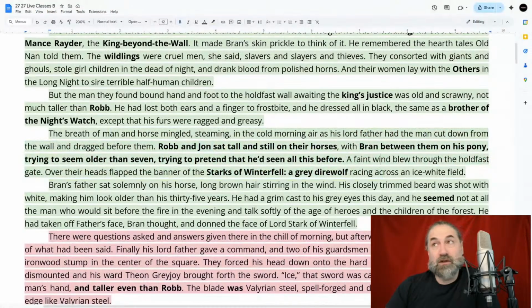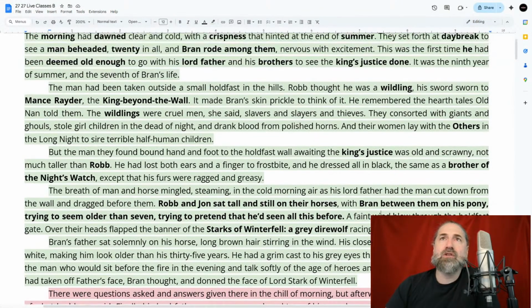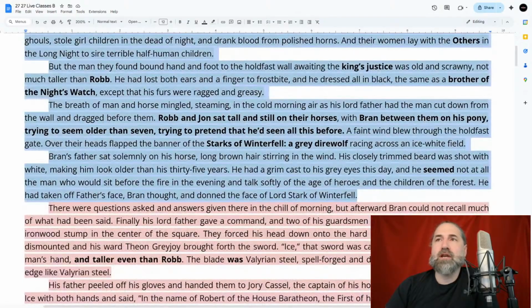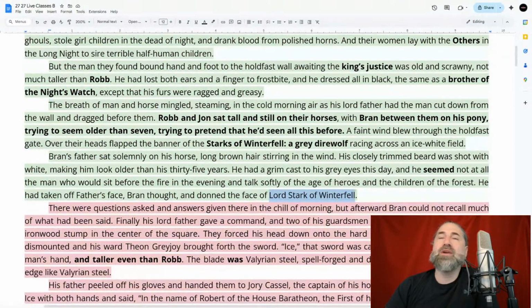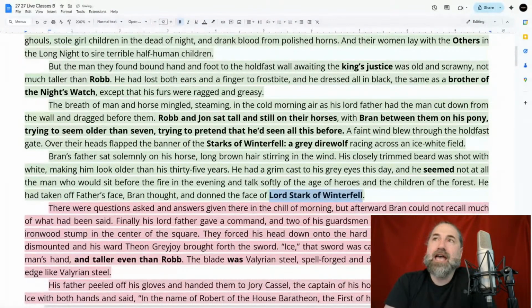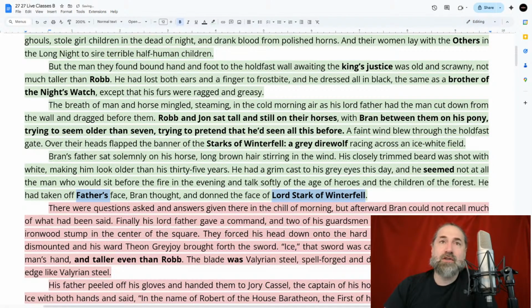Jon is one of the brothers. We don't learn about Greyjoy in the setup, though. That's interesting, right? There's no Greyjoy, but before we get into the conflict, we learn about Lord Stark of Winterfell, not by name, and we know that's Bran's father.